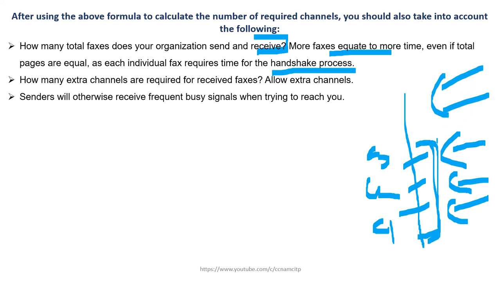So this handshake process will tell that side all the channels are occupied, don't send. A busy signal will go back to the other sender, or from this side also you will not be able to send. So make sure you have some additional channels also.